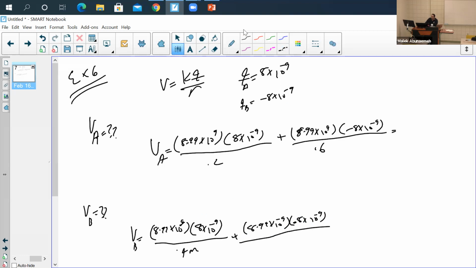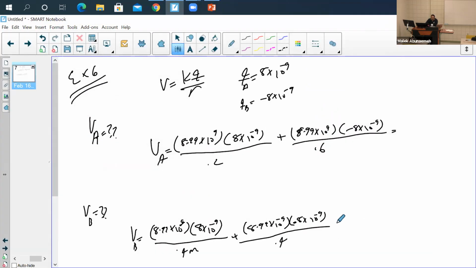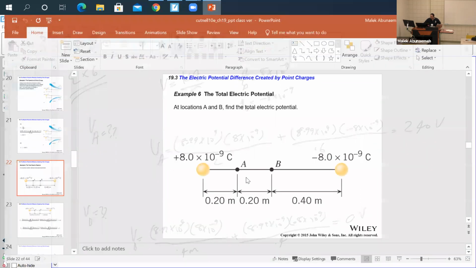Divide that by 0.4 from B. So what we get is, let's look. All right, so I got 240 volts for this one, and I got 0 volts for that one. Correct.